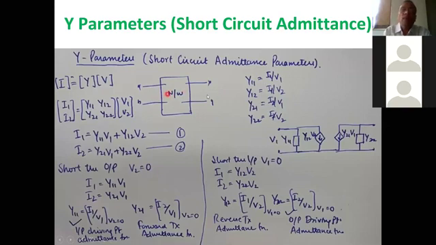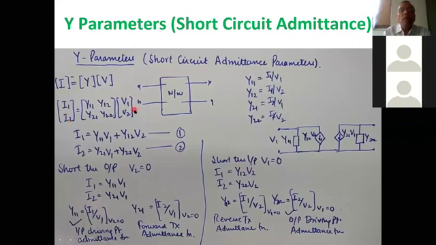So with this assumption, the I matrix you can express as the Y matrix into the V matrix. That means I1 and I2 form a column matrix, and the Y parameters a square matrix, into the V matrix, which is a column matrix. This we have already seen.